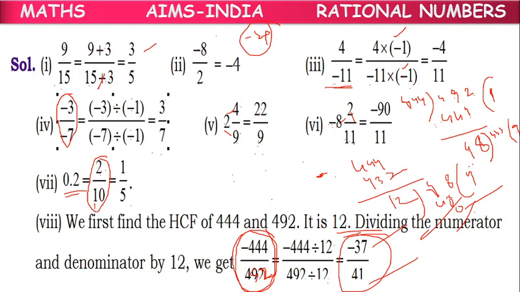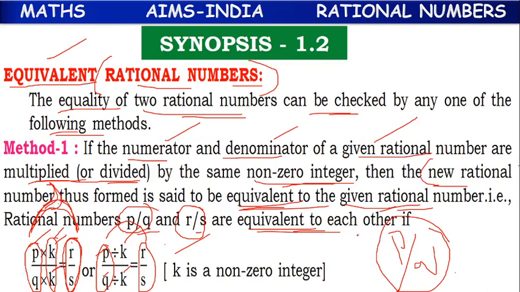Okay, children. So this is about synopsis 1.2. What have we learned? Equivalent rational numbers. So how to check whether they are equivalent or not?